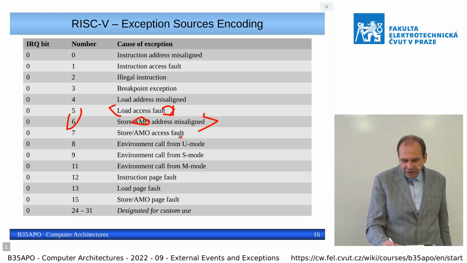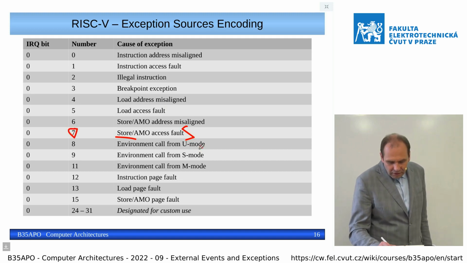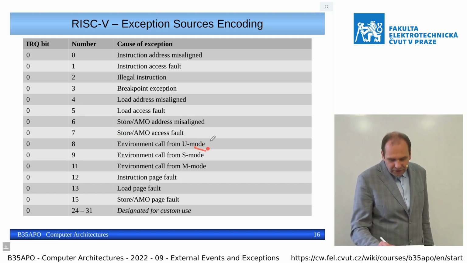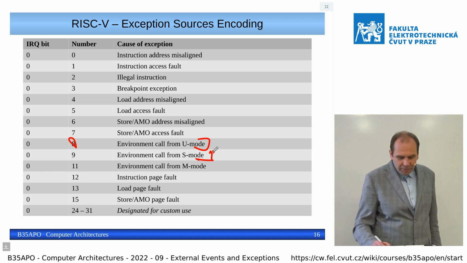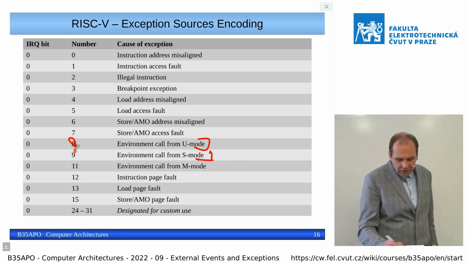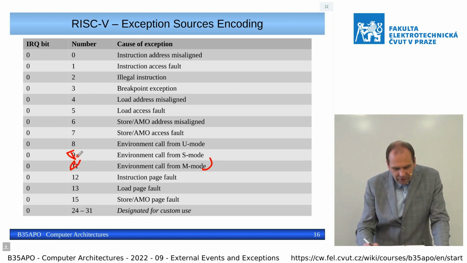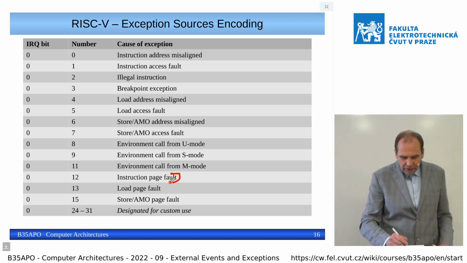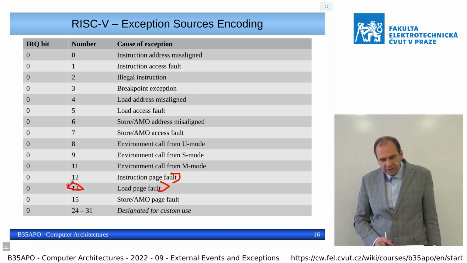If it is an incorrect mapping of the page for the store operation, then you get 7. When user space wants to call the environment, then you get 8. If it is a call from the operating system to machine mode, then you get reason 9. If it is called from machine mode, then you get 11. For an instruction page fault, you get 12. Load page fault, 13.